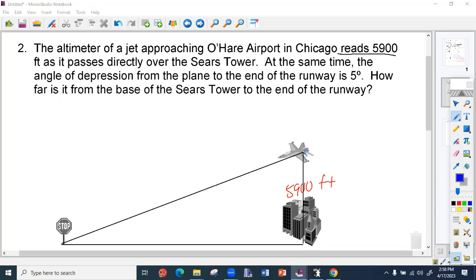Okay. Now let's talk about angle of depression. Your angle of depression is the angle between the horizontal and your line of sight. So this is your angle of depression. This is what is 5 degrees.